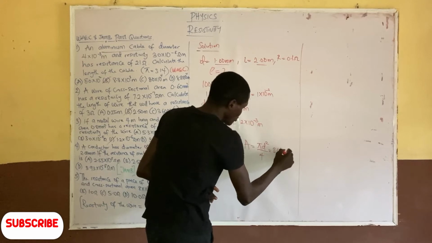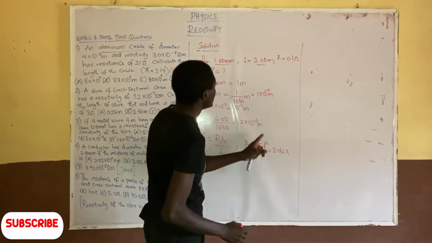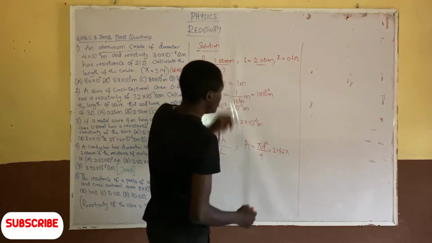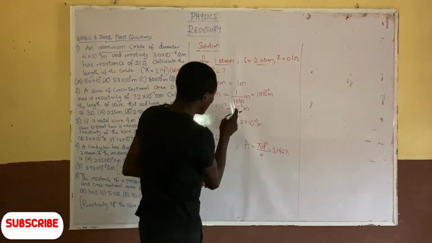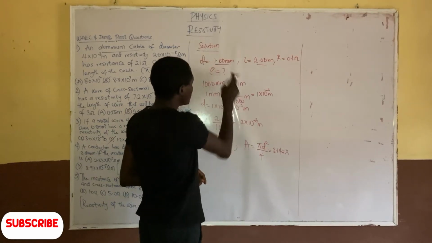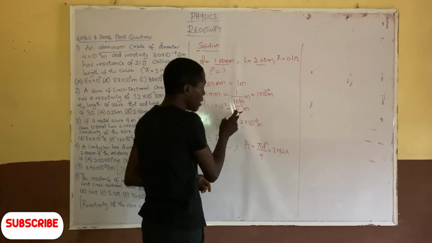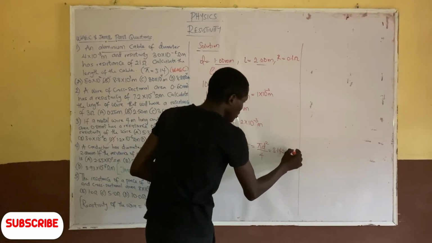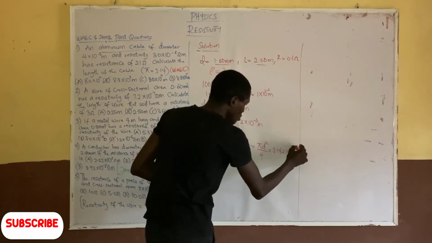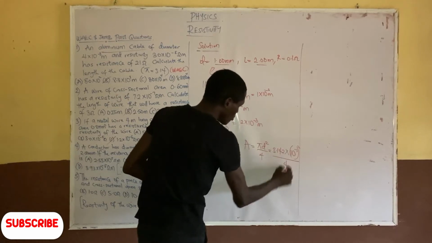Which means 3.142 multiplied by d squared, where d here is 1.00 millimeter, which has been converted to 10 raised to the power minus 3 meter. So 10 raised to the power minus 3, all squared, over 4.